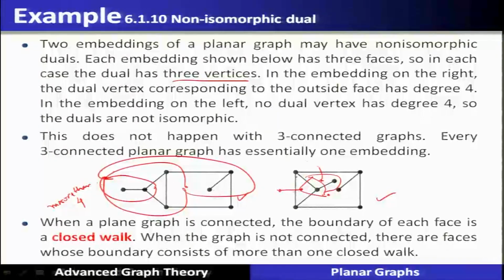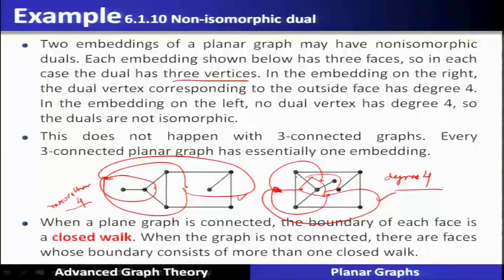This is 1, then we will have 2, then 3 and then 4. So hence both are non-isomorphic duals. Why? Because here the degree is 4 in this dual and this has degree more than 4, this is degree 4.